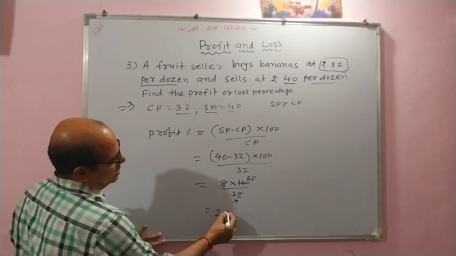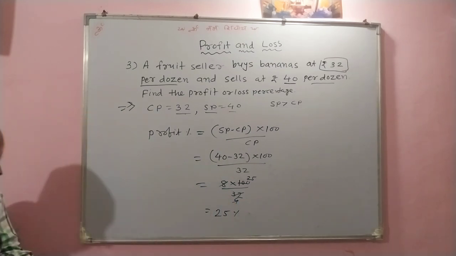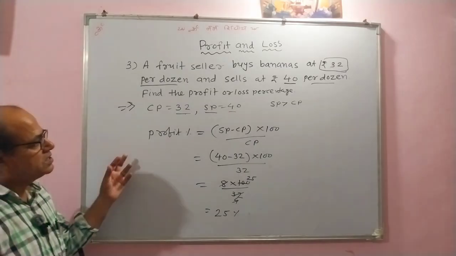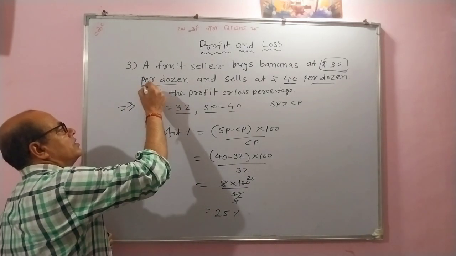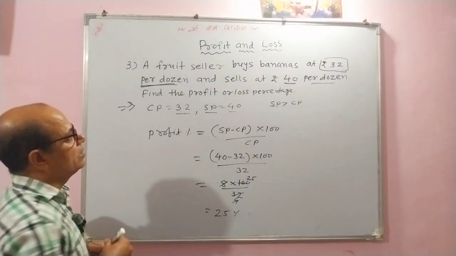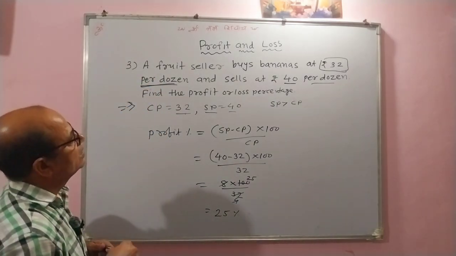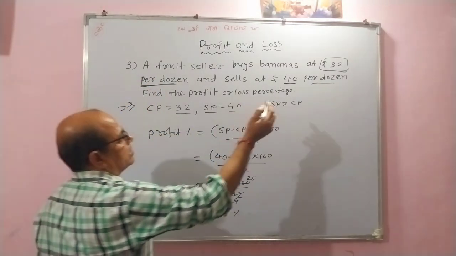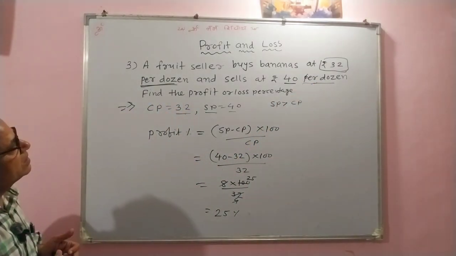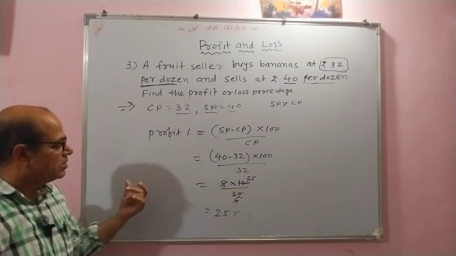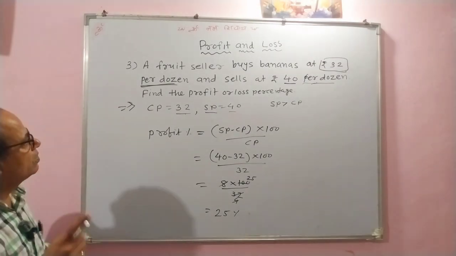Now 25 is the answer. It's very easy. So this is the simple solution. I took this example only because of per dozen. I will give you one more example about changing these things, and that I will also cover in this chapter. We'll go for one more example.